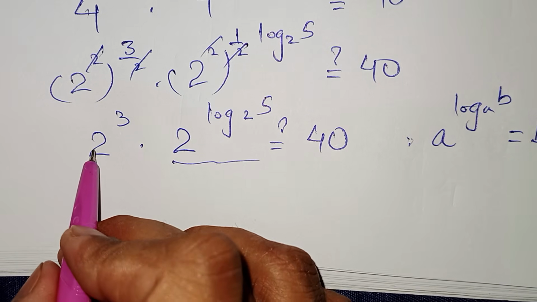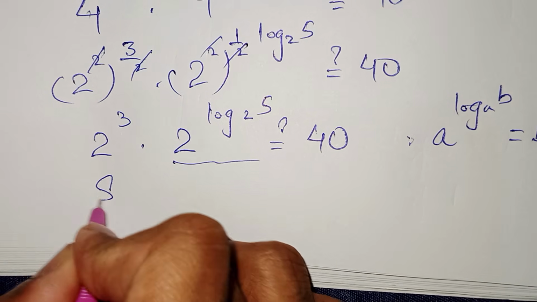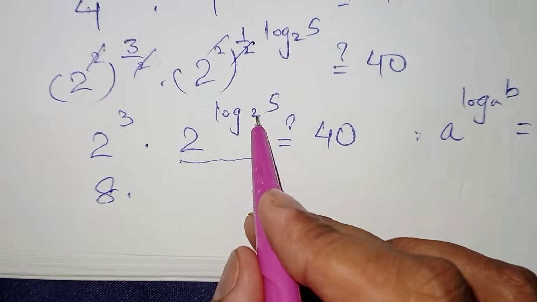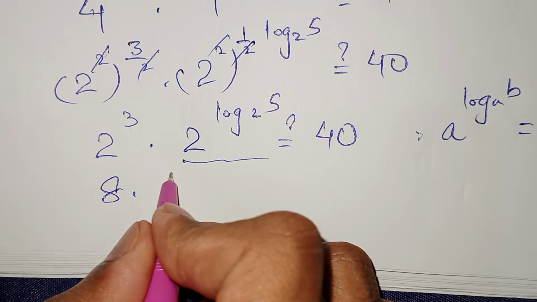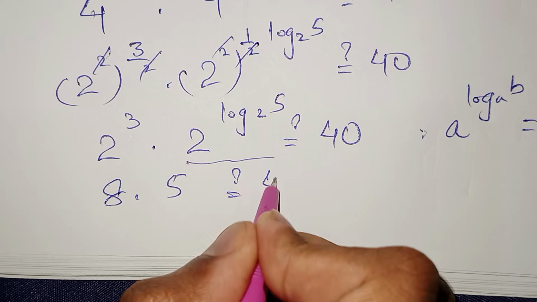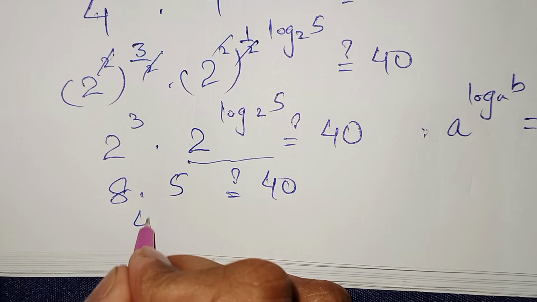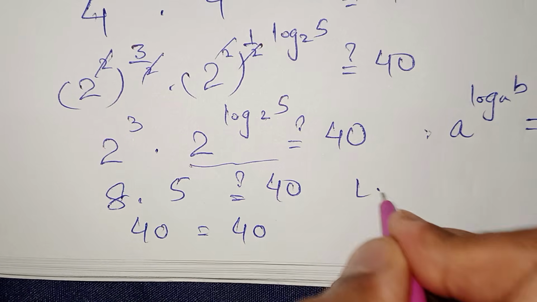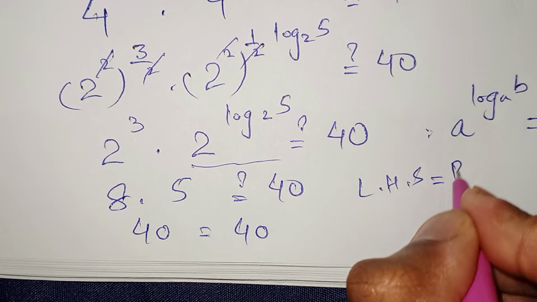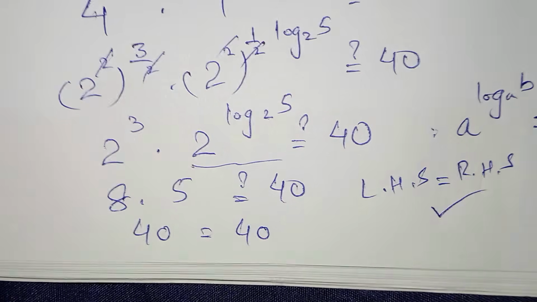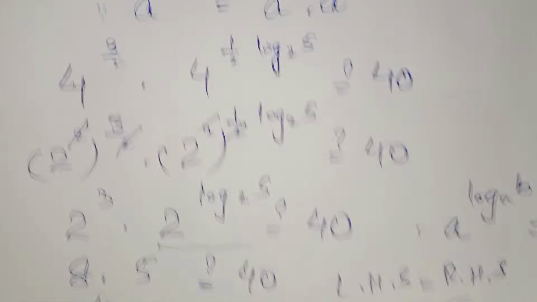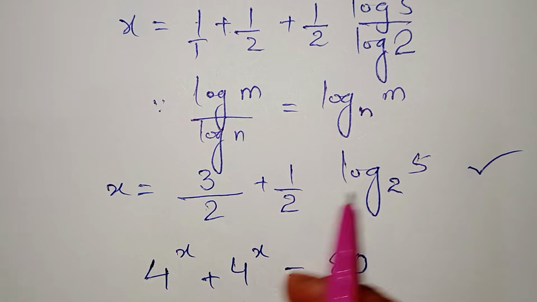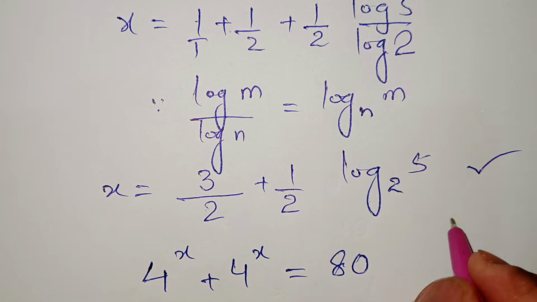So 2 power 3 is 8 and this whole term will be replaced by b. Our a is 2 and b is 5, so it will be 5. 8 into 5 is 40. 40 equals 40, meaning the left hand side of the equation is equal to the right hand side. Our value of x, which is 3 by 2 plus 1 by 2 log of 5 with the base 2, is the final answer.